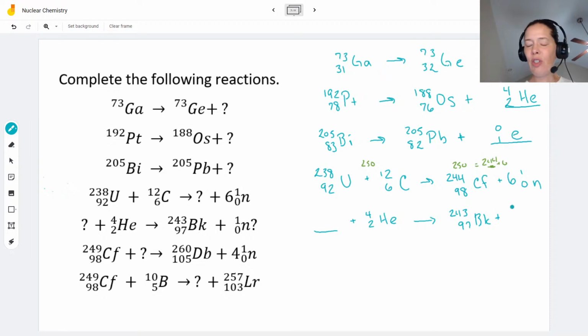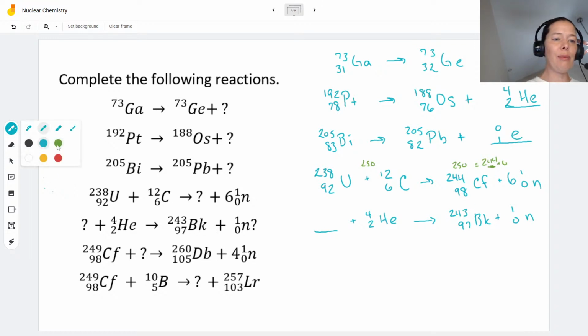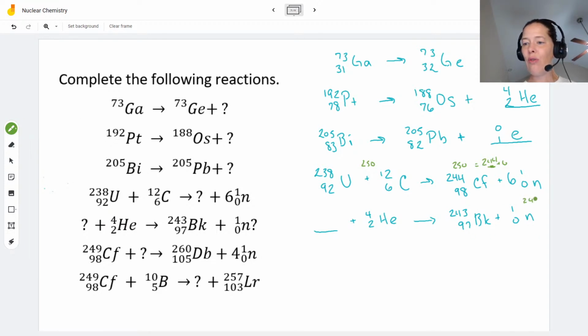And we just have 1 neutron here. Okay, no problem. Okay, so let's do some addition, subtraction, right? So I've got 243 plus 1. Again, I'm just going to switch to green so I can keep track here. That is 244 total up here for my mass number. I've already got a 4 here. That means I have got 240 for my mass number.